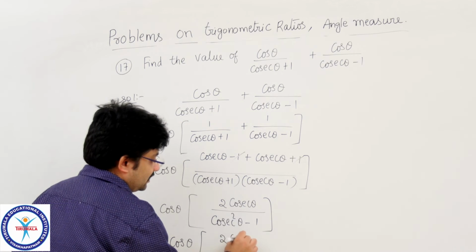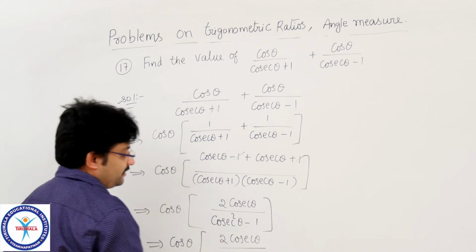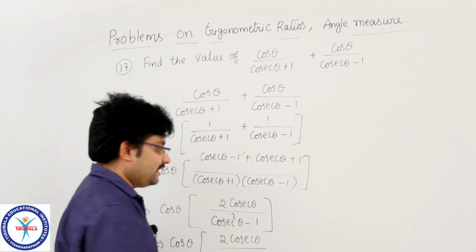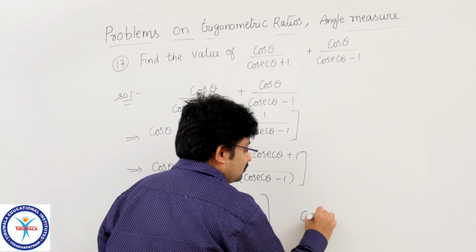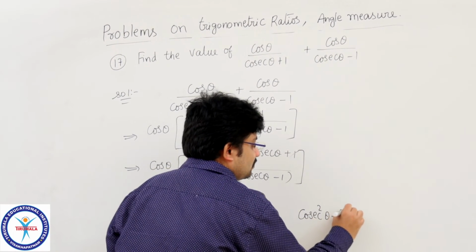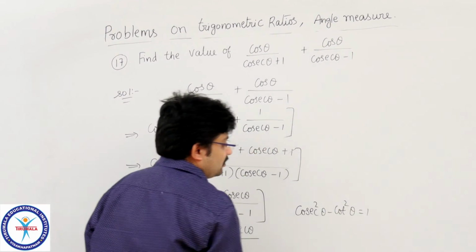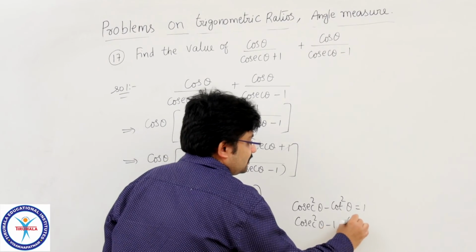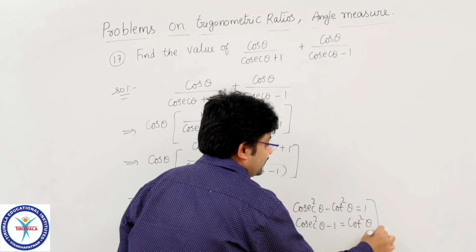That is cos theta into 2 cosecant theta by, from the trigonometric identity cosecant square theta minus cot square theta is equal to 1. From this, what is cosecant square theta minus 1? That is cot square theta.